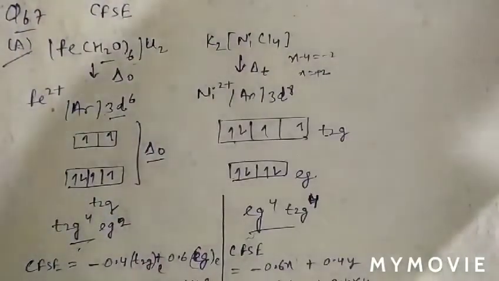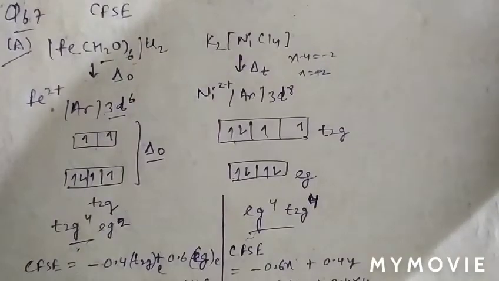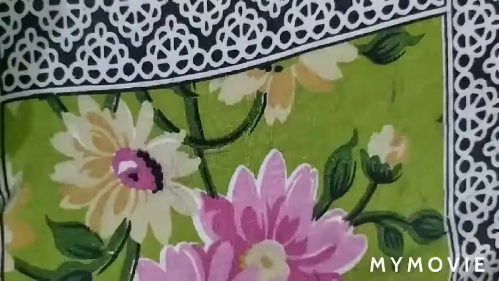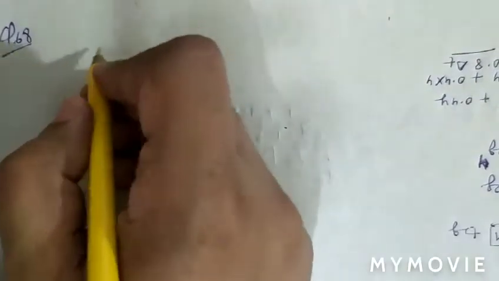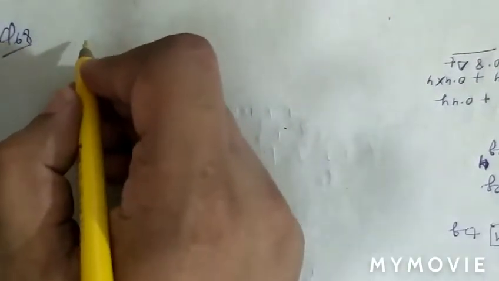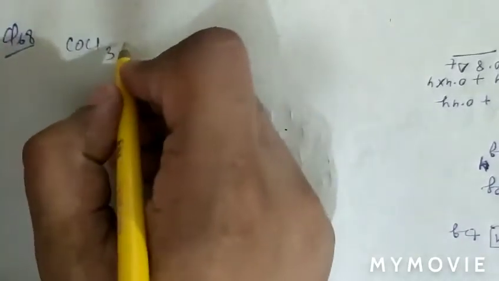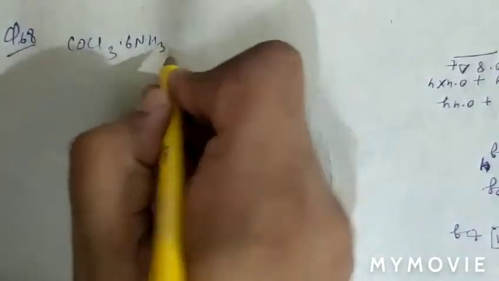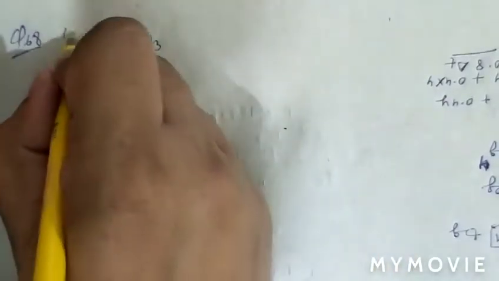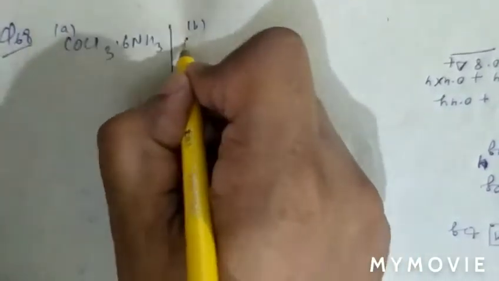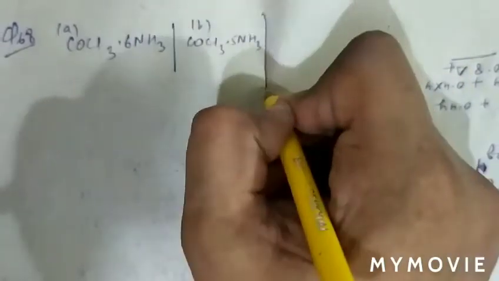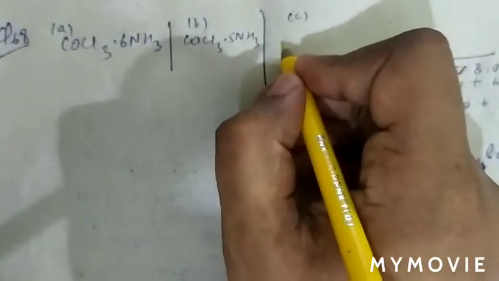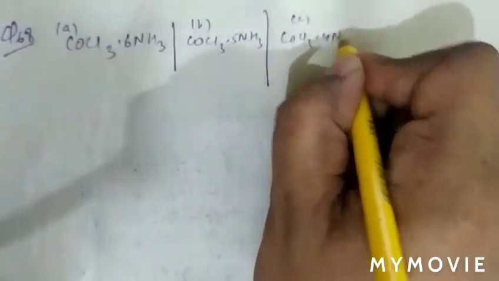See question number 68. In question number 68, what is given there? The question is regarding the complex. The molecular formula is CoCl3·6NH3 for A, for B it will be CoCl3·5NH3, and for C it will be CoCl3·4NH3.